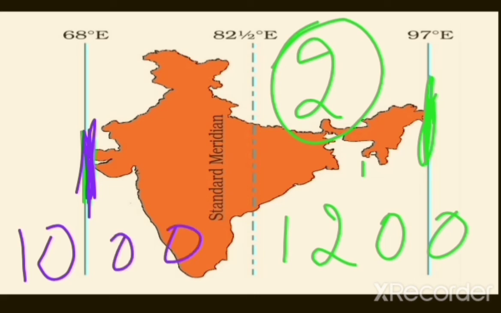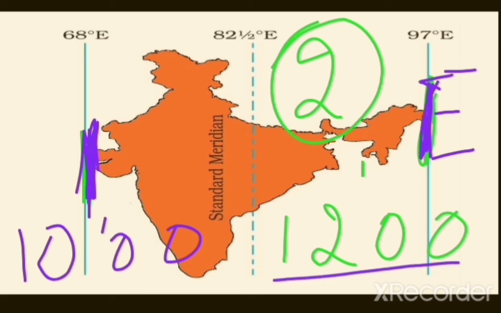Because this area, the eastern part of the country, is ahead of time, and this part, the western part of the country, is behind the time. तो यहाँ पे क्या टाइम हो रहा होगा? यहाँ पे 10 o'clock हो रहा होगा, और यहाँ पे ईस्टर्न साइड पे अगर हमने एग्जाम्पल लिया है कि दोपहर के 12 बज रहे होंगे तो.